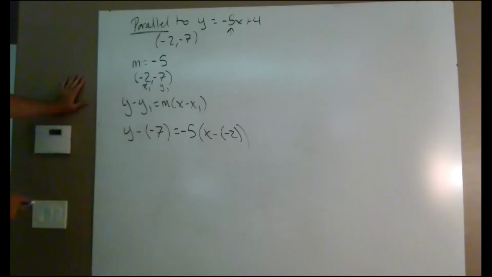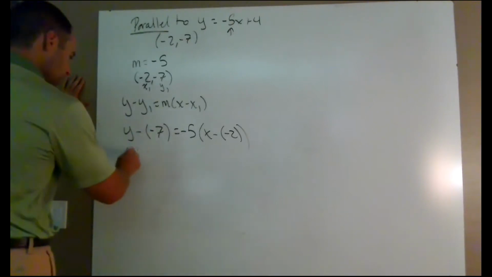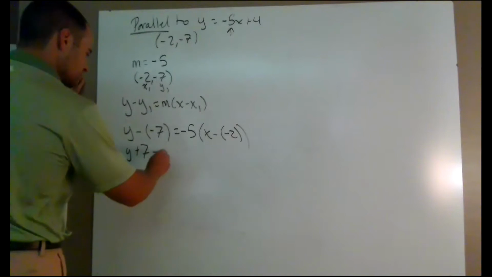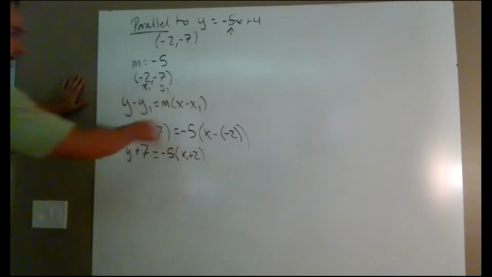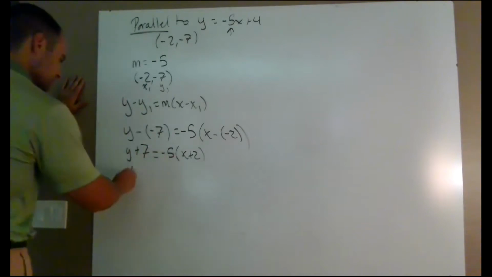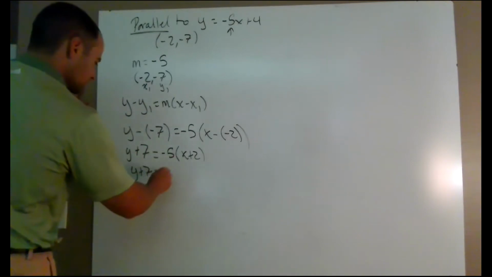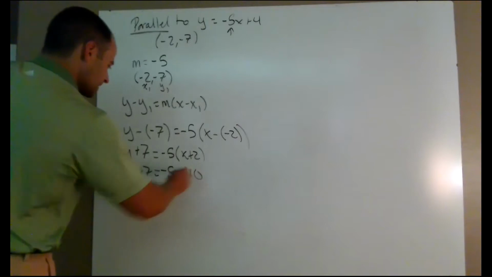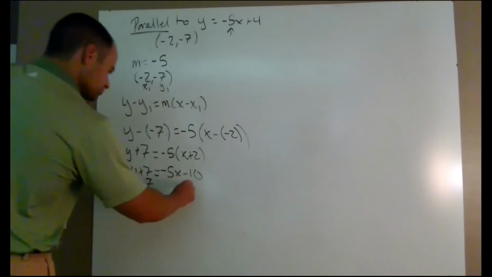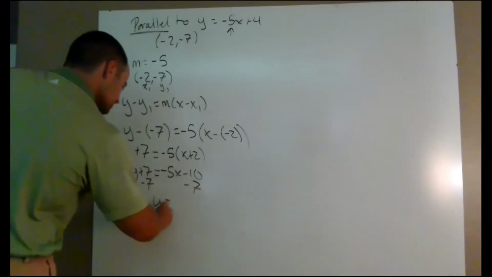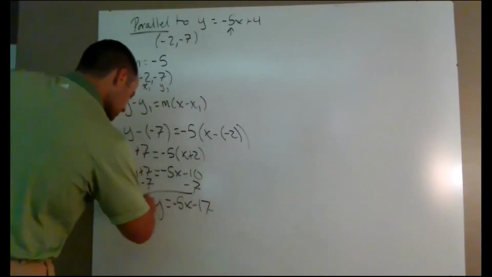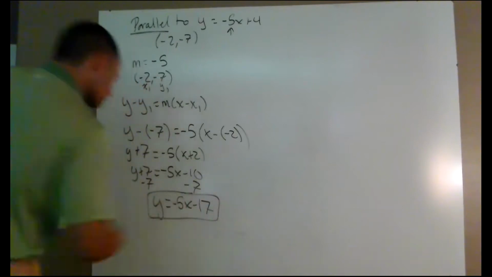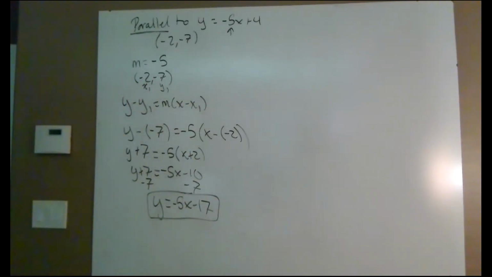So now I can solve this equation for y. y plus 7 equals negative 5 times x plus 2. We got rid of those minus negatives. Distribute. Negative 5x minus 10. Subtract 7 from both sides. y is equal to negative 5x minus 17.